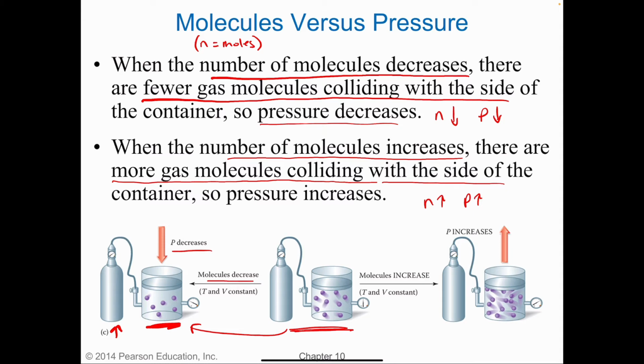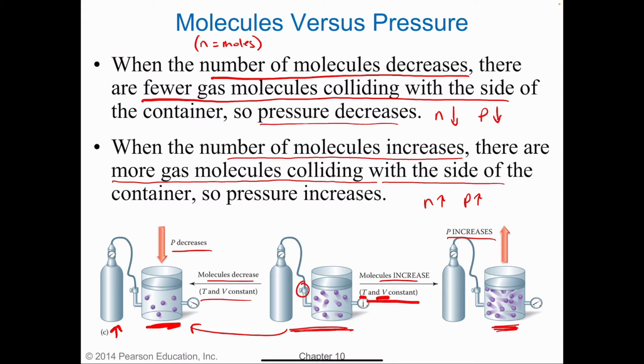And if we were to inject more gas molecules in the container, so we open this little valve here and let more gas in from the pressurized container, as molecules increases, pressure increases. So notice we've got more purple spheres over there. And again, we're assuming that the other variables, temperature and volume, are remaining constant.